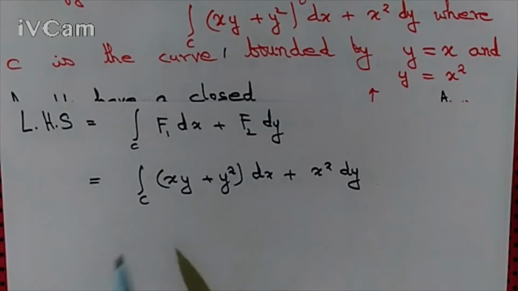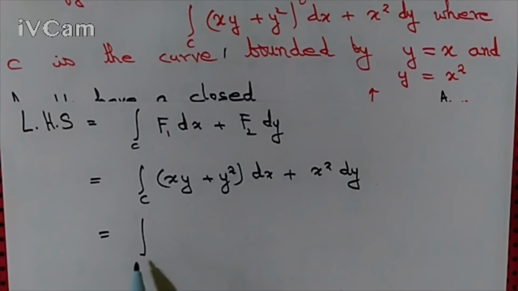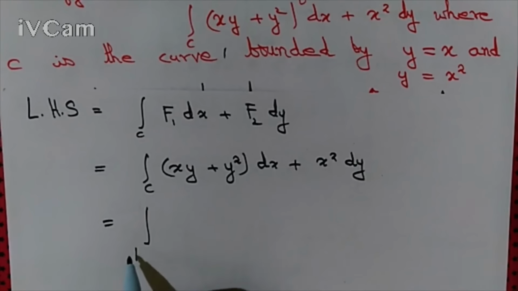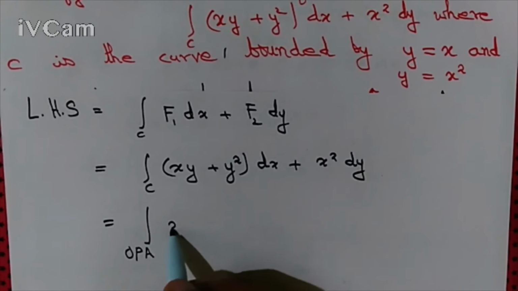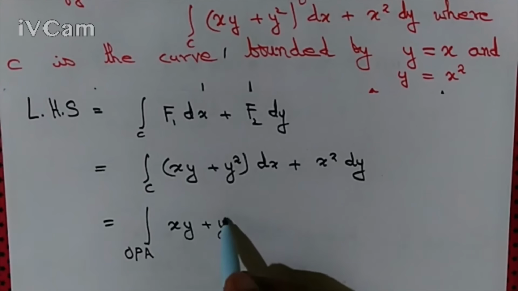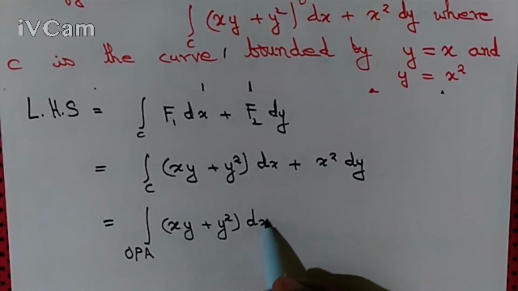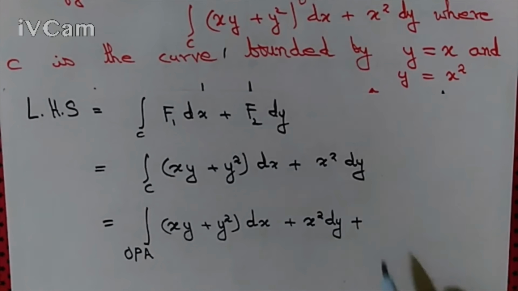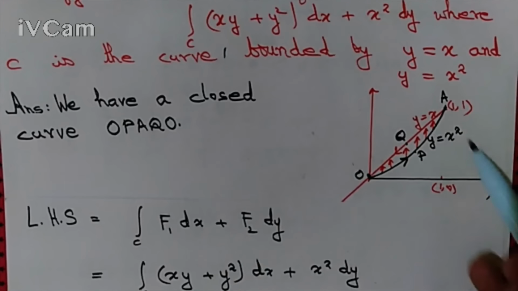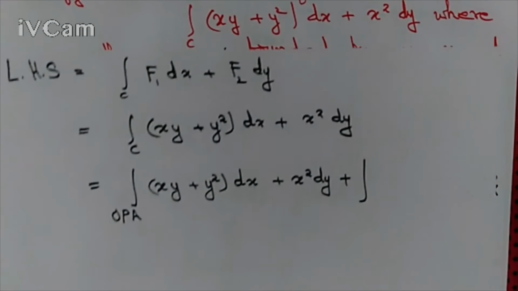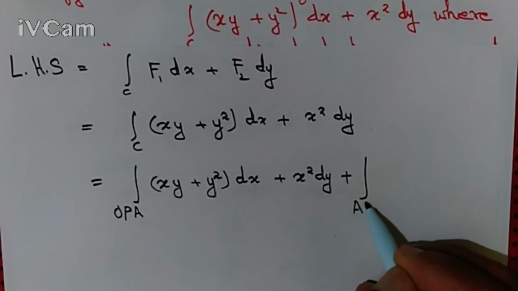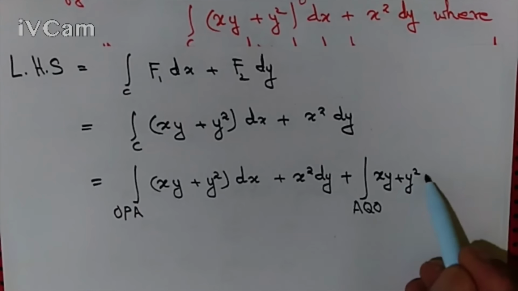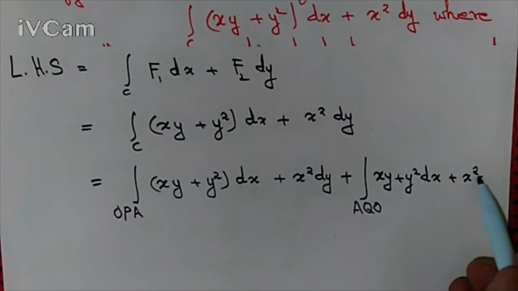So we can write this integral as the integral along OPA of the given function, xy plus y square dx plus x square dy, plus the integral along AQO of xy plus y square dx plus x square dy.